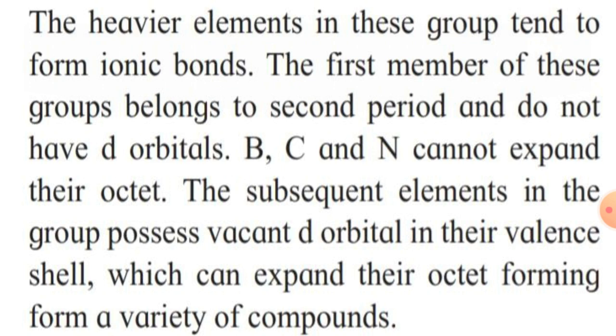The first members of these groups belong to the second period and do not have d orbitals, due to which they cannot expand their octet, while the rest of the elements possess vacant d orbitals in their valence shell, due to which they can expand their octet, hence forming a variety of compounds.